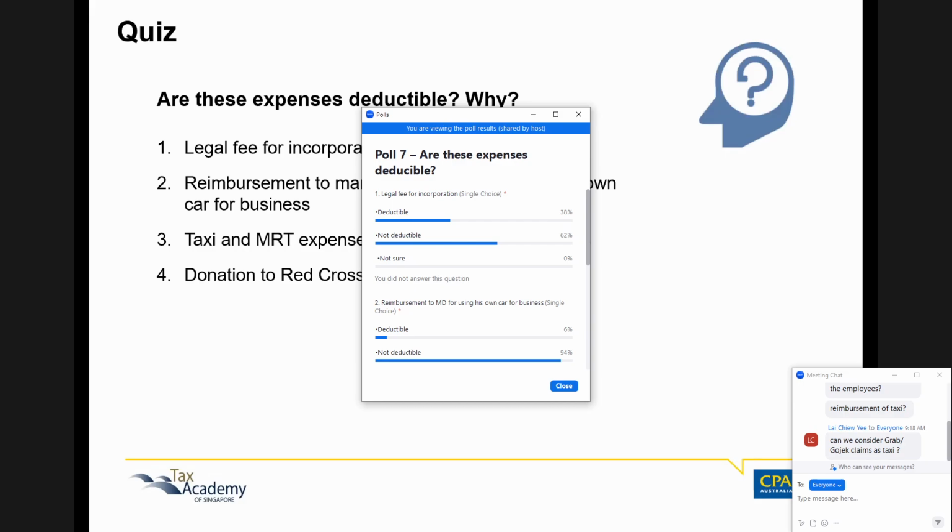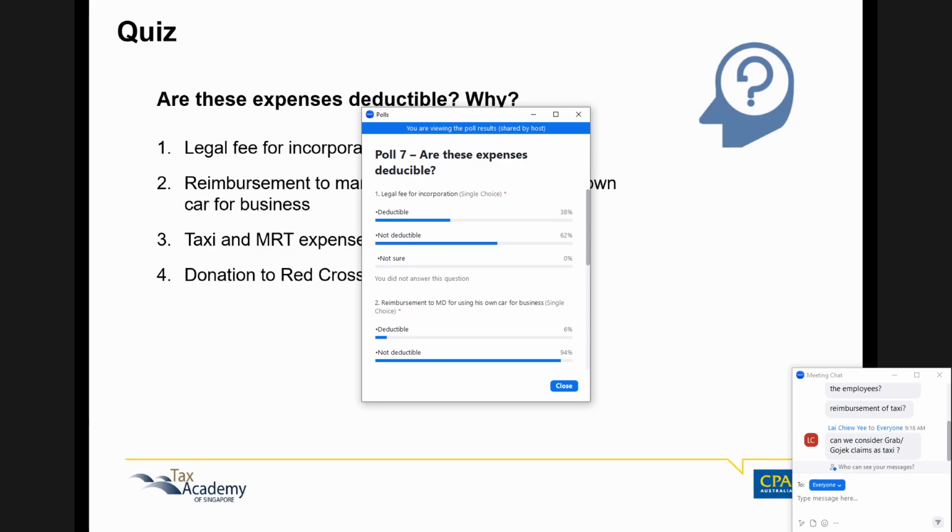So long as it is in respect of a private car, his own car, anything you incur in respect of that is not deductible, even if it is used for business purposes. That's under section 15(1)(k). This is a very common mistake that we see smaller companies make, thinking that if it is used by my staff for business purposes, then it's deductible. No, it's not deductible.